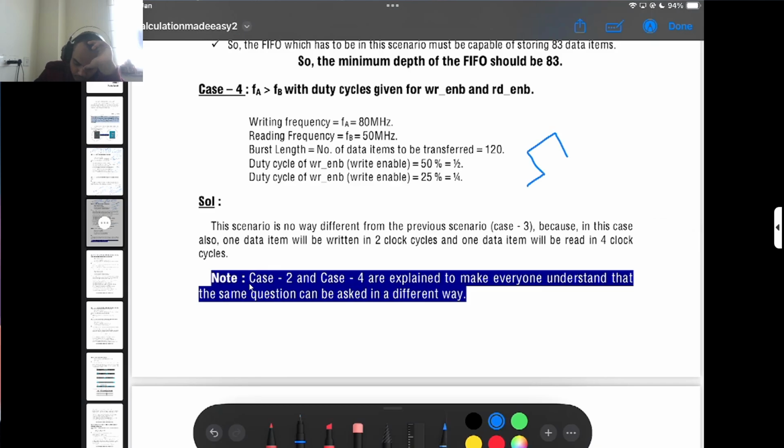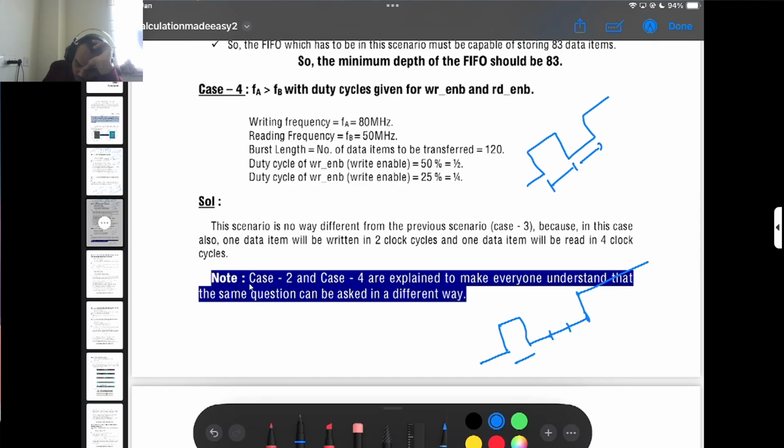Suppose this is my clock. It looks like 50% on and 50% off, so this is called my 50% duty cycle. If my clock looks like this, one, two, three, it's like one fourth.